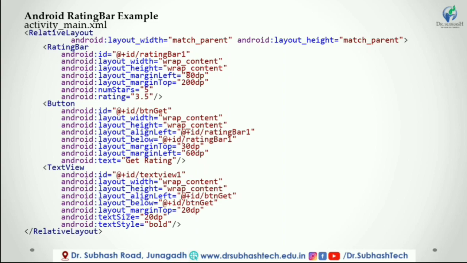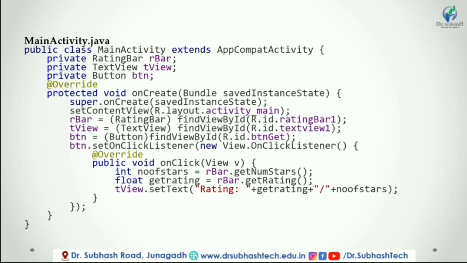For that, open MainActivity.java file and write the code as shown below for main activity. If you observe above code, we are calling our layout using setContentView method in the form of R.layout.layout_file_name in our activity file.